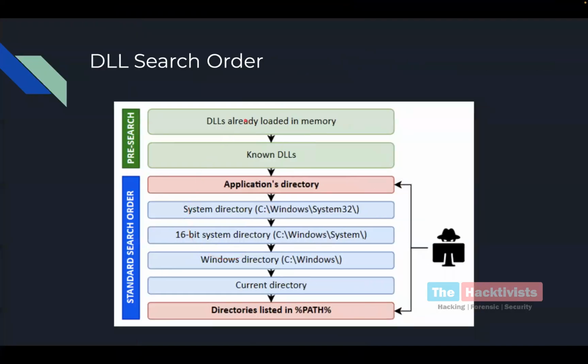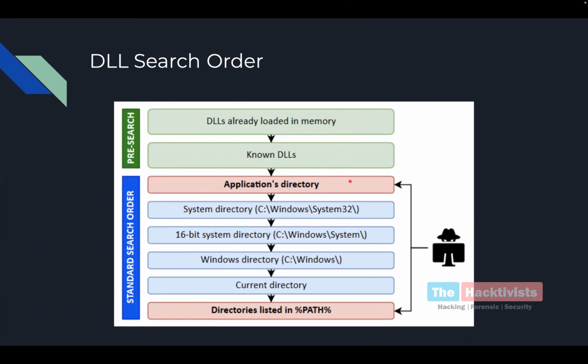So the process goes something like this. Whenever the application is searching for a particular DLL, the system level DLLs are already known by the operating system and loaded by it once the user confirms.